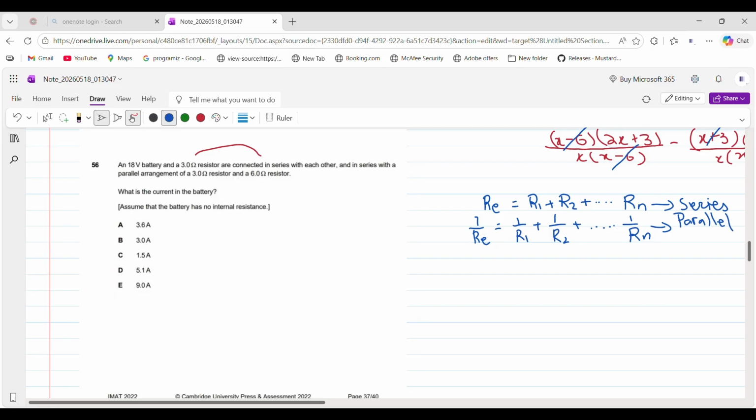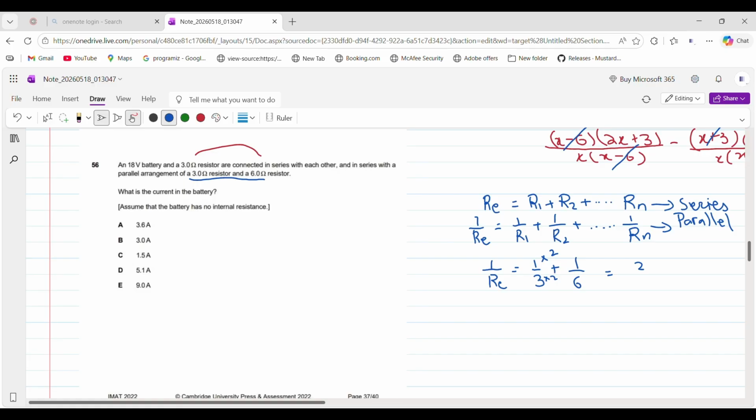Now they are saying in series with a parallel arrangement of 3 ohm and 6 ohm. So 3 and 6 ohm are parallelly arranged. So 1 upon Re is equal to 1 upon 3 plus 1 upon 6. Basically I need to add them. For adding them I have to make their denominators same. So 3 into 2, and of course if the denominator is multiplied by 2, the numerator must be multiplied by 2, right?